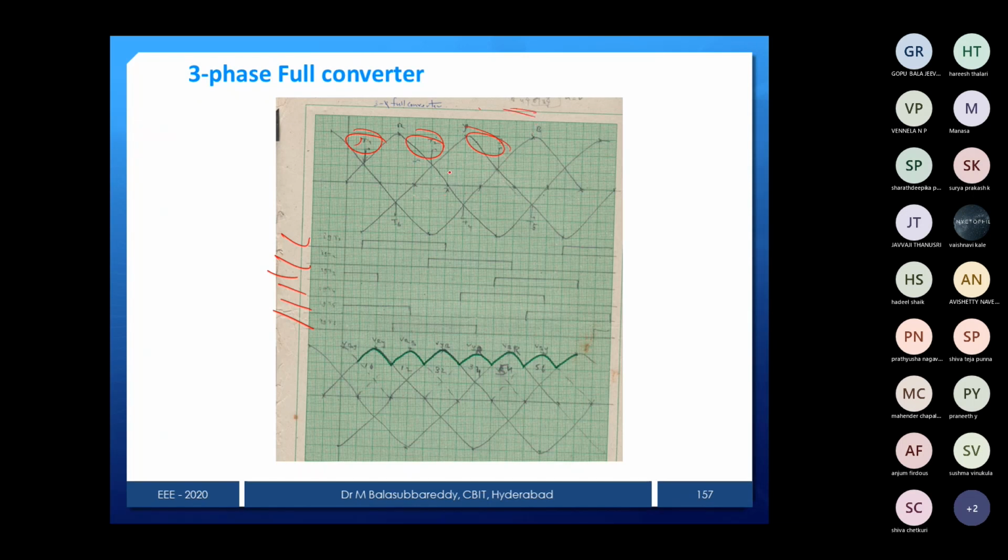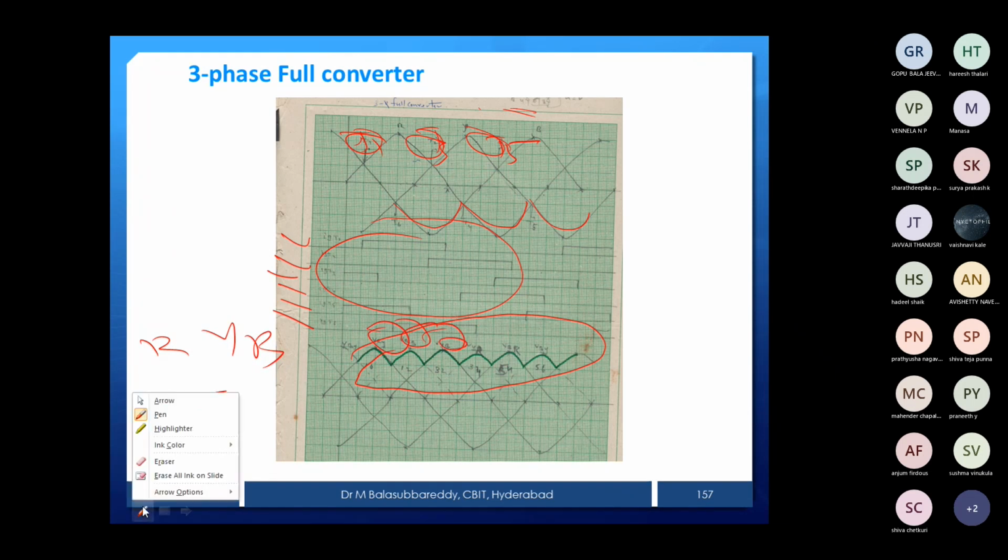Anyhow, this is T1, T3 in your case, this is T5, and then the lower group, which is more negative, that device you can make and provide the firing pulses, and you can shade your outputs. I used RYB notation, that's why we get RYB representation of voltages. Similarly, if you want, you can use ABC also.